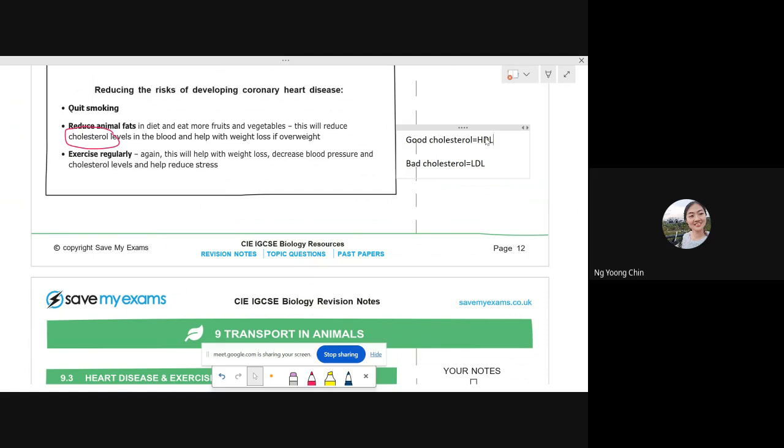If you have too much LDL, you'll have a higher risk of narrowing of the blood vessel, because high LDL means you have a lot of fat in your blood. This bad cholesterol easily clots and forms plaque, and will cause a blockage of the blood flow.